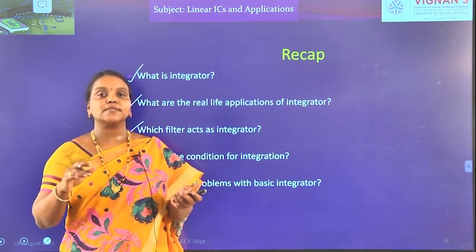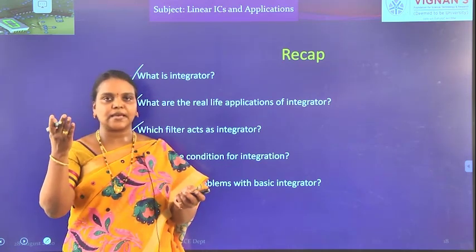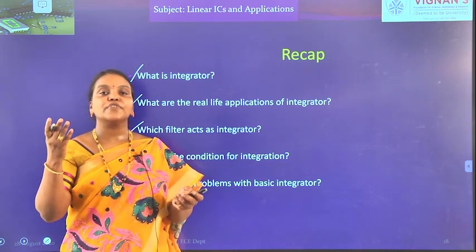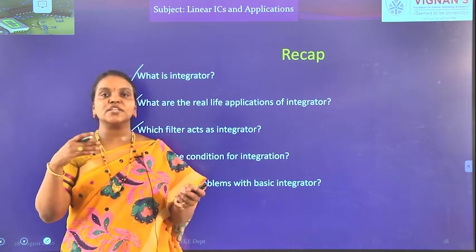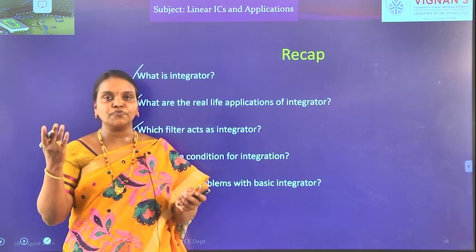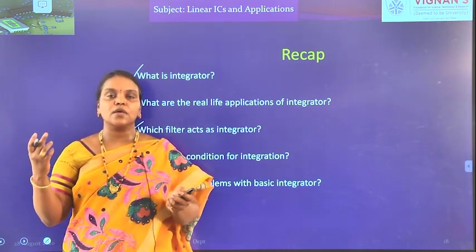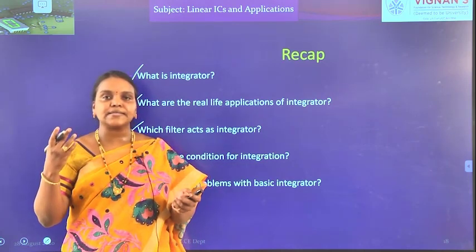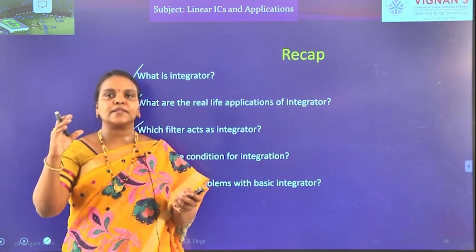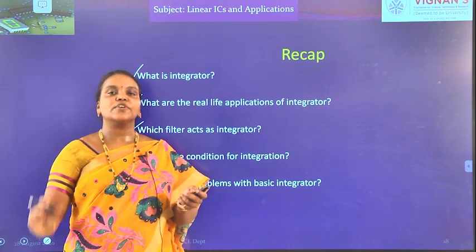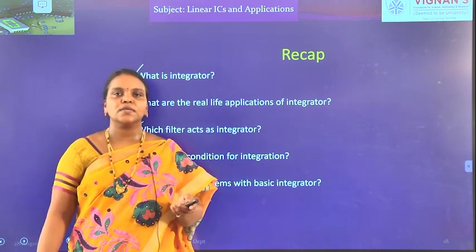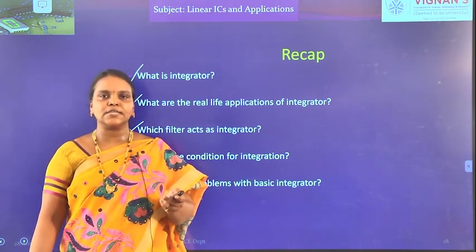And the second one is that the capacitor present alone in the feedback path affects the gain, which changes the gain with respect to frequency. It is much variation, which is not desirable. So, by connecting a feedback resistor in parallel with the capacitor, we can overcome that problem. That is called the practical integrator circuit.